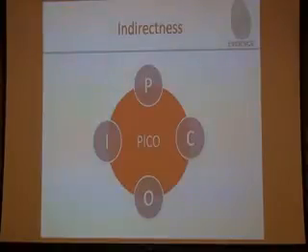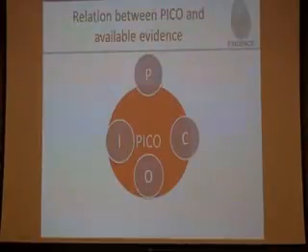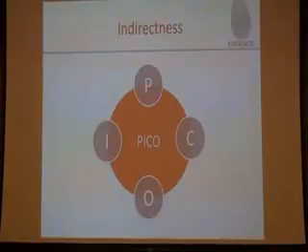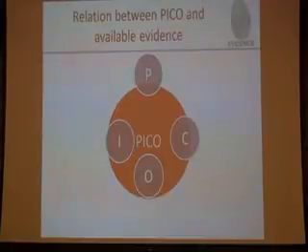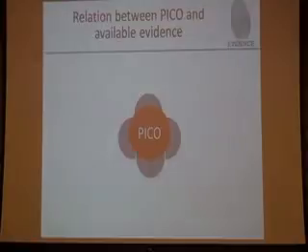Indirectness. If you think of the PICO question of your patient is in the red area, and the PICO question of the systematic review in these blue circles, you can have a situation where they are all in or out, or maybe the population is not exactly the one that matches your need, or maybe the outcome is slightly different, and sometimes there is full overlap.